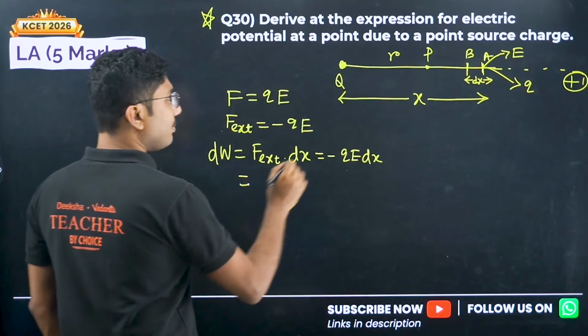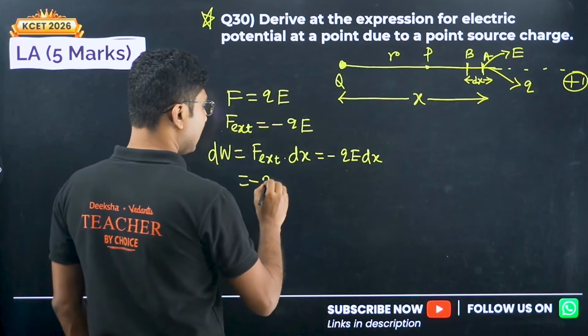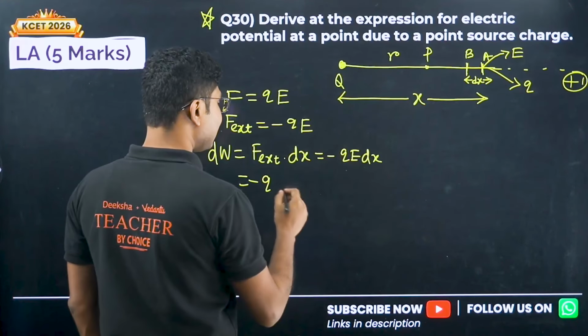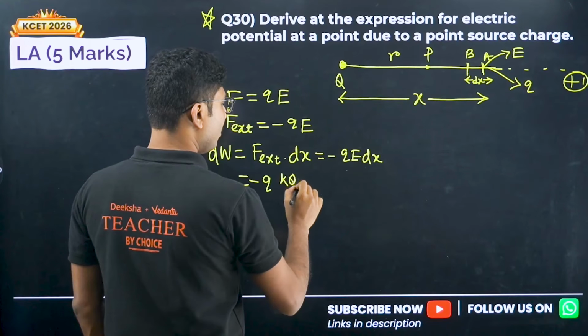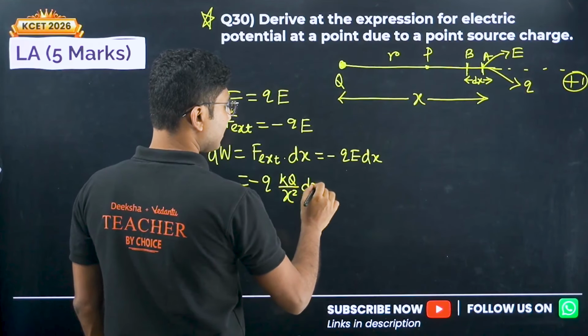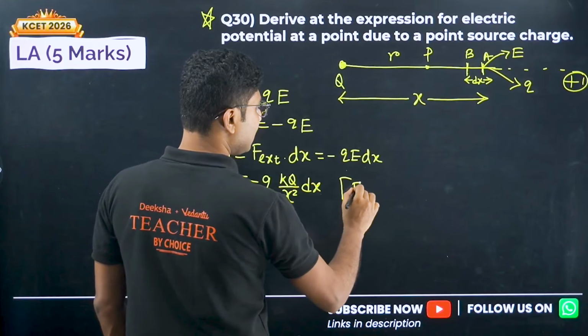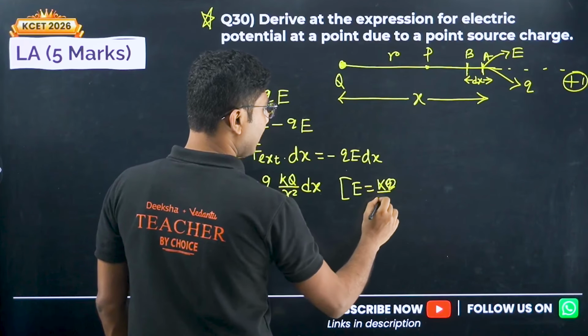Now this point is at a distance x, so from the concept of electric field, the field at a distance x is given by K capital Q divided by x square, and dx.